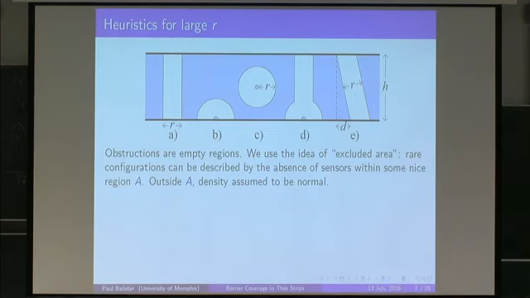Well, what typically goes wrong is if for some reason there is a large area that has no sensors in it. And so we're going to use this idea of excluded area. If you have an empty area, then things can go wrong. Okay, here's a bunch of different types of excluded area.